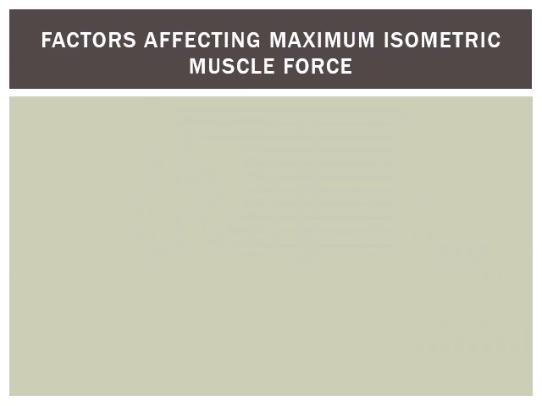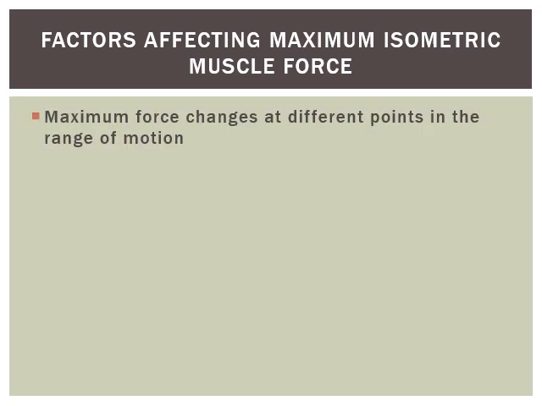Some factors affecting maximum isometric muscle force. Maximum force changes at different points in the range of motion. It's important to note that some muscles do rely on the length of their moment arm. For instance, the book gives the example of the effect of increasing the force of the knee flexor muscles by flexing the hip to increase the stretch on the hamstrings.